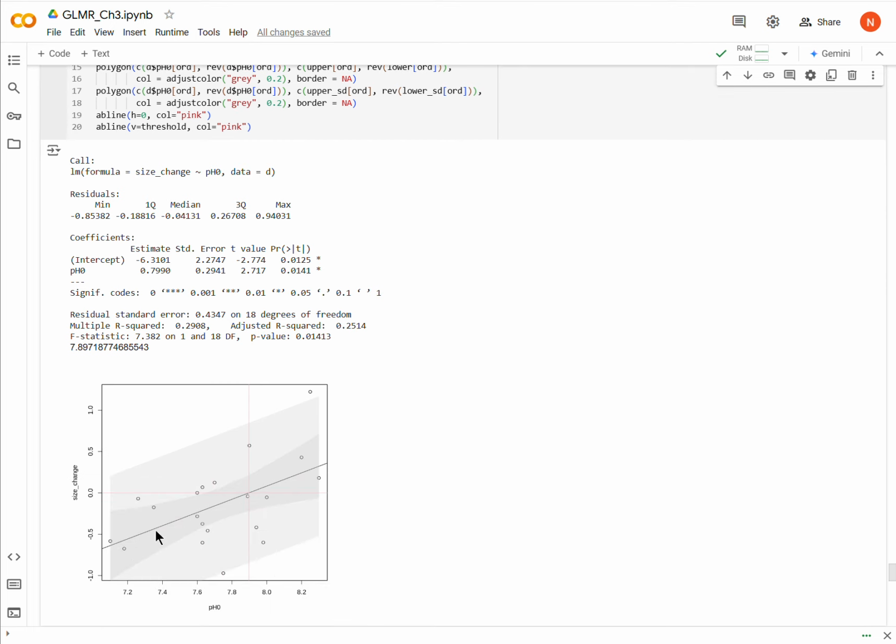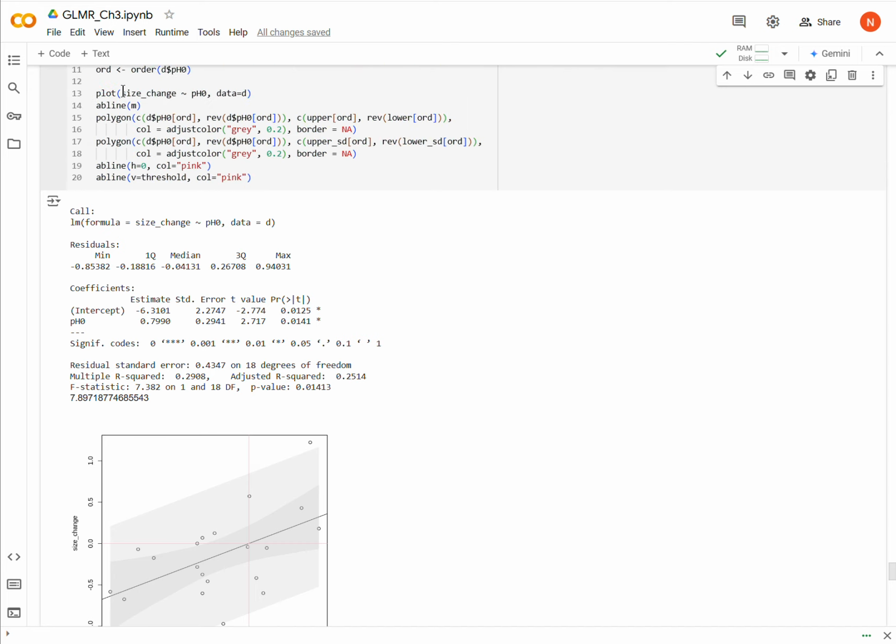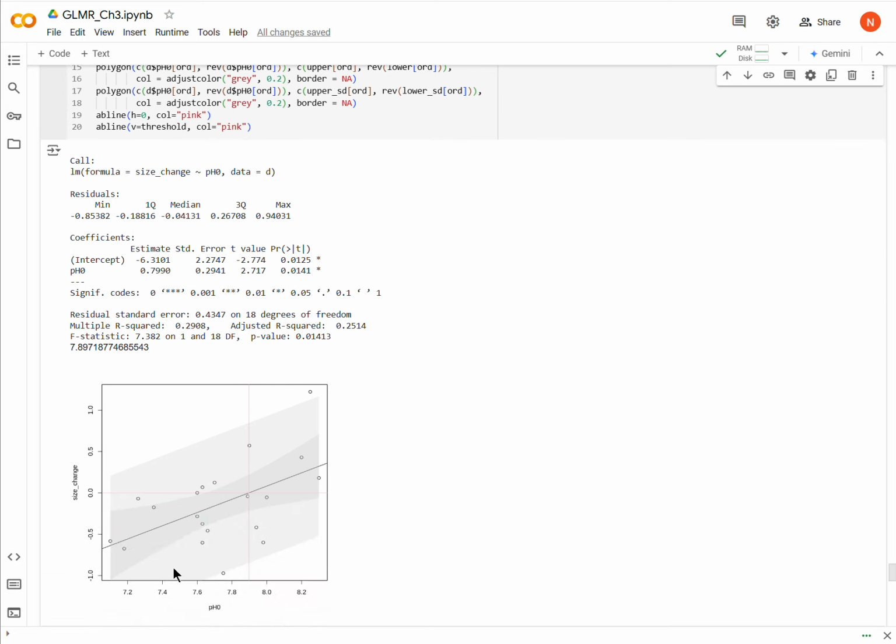Here we have the mean line. I've recreated that same plot, and if you just put in abline and then use the model, you very easily get this black line here, which represents the expected regression line for the model and the data.